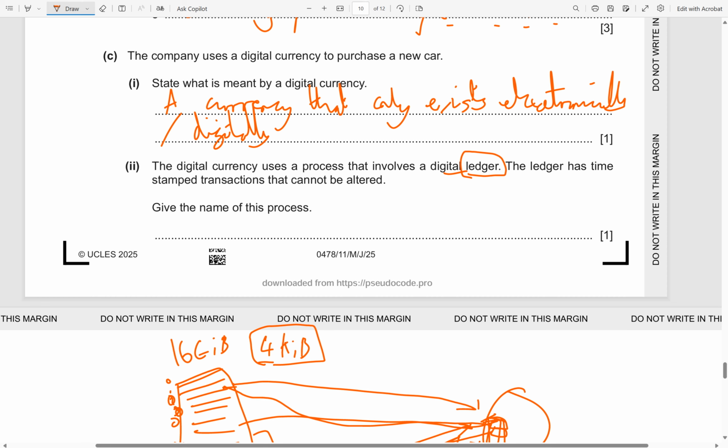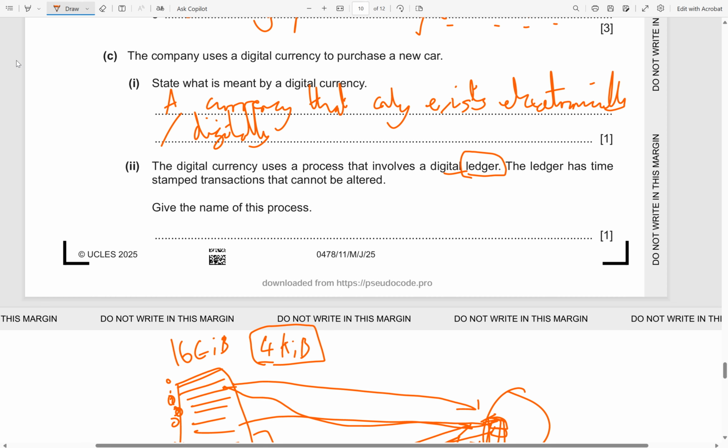Of course, that's going to vary. For example, something like Bitcoin has quite a lot of information stored on there. Some other cryptocurrencies, although a digital currency doesn't have to be a cryptocurrency, are more anonymous than Bitcoin. They don't include, for example, the sender.